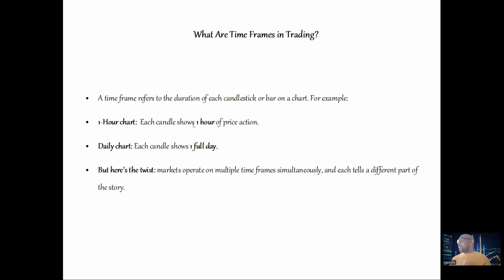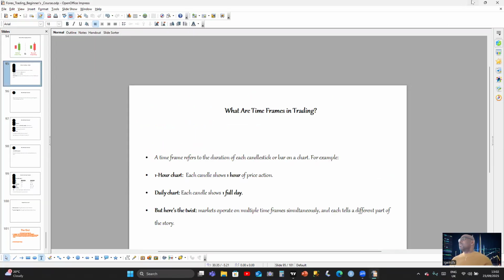We have candlestick, we have bar too. A bar is another form of chart that does not display candlesticks, but will display a bar chart. Maybe I should just show you quickly so that you understand.